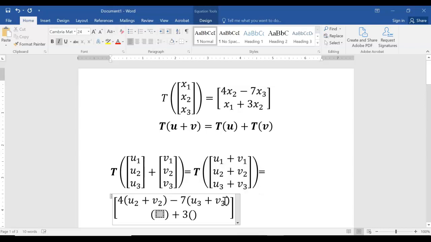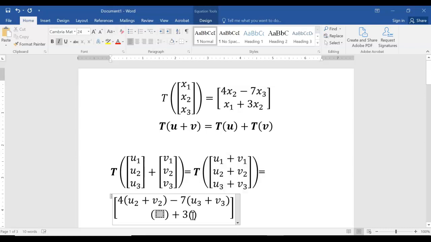Again, it's going to be some sort of number. Whatever that number is, that is going to be the first entry of the output vector.